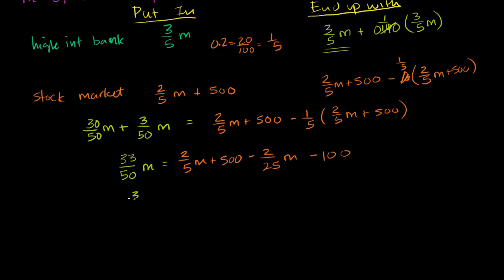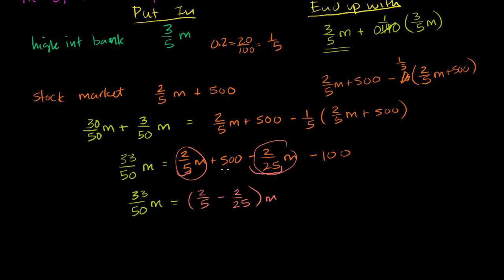Let's simplify this even more. The left-hand side is still 33 over 50 m, is equal to, and now we have these coefficients on our m terms. You could view it as 2/5 minus 2/25 m. I just factored the m out. And then you have the 500 minus 100, so that's plus 400.